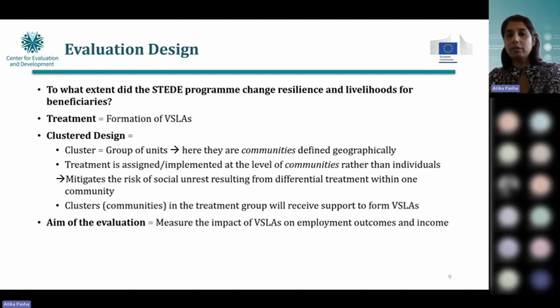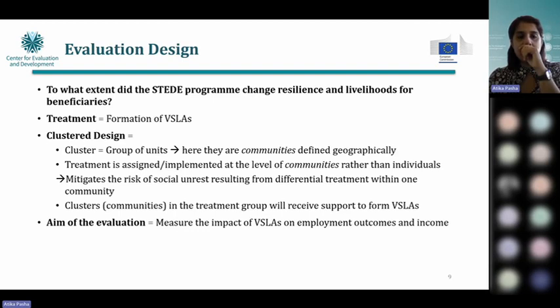Now, very big terms such as resilience, livelihoods, let's just simply summarize it as income, right? So what was the change in income due to the program for the beneficiaries? And through this, the treatment, or the particular part of the program we're interested in, is simply the formation of VSLAs.